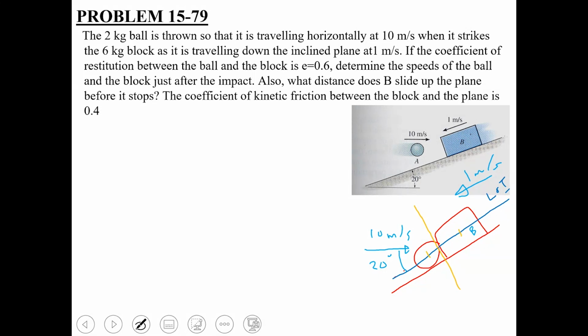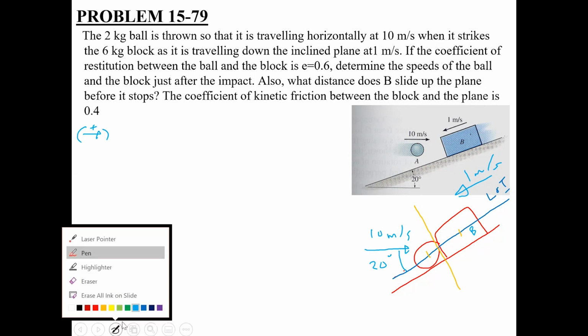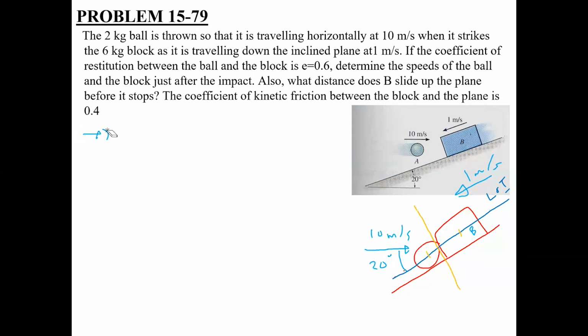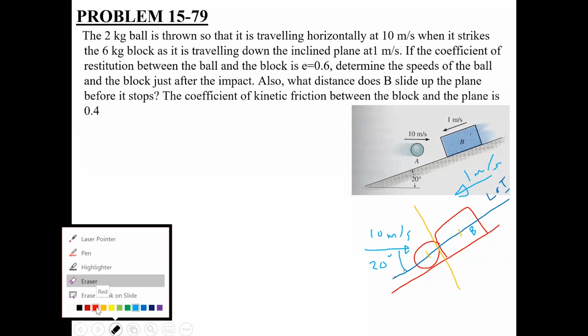So in step number 1, what we are going to do is apply the conservation of momentum principle on the system along the line of impact. What is the initial momentum of particle A along the line of impact? 2 into 10 cos 20.